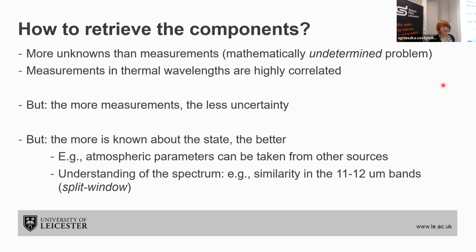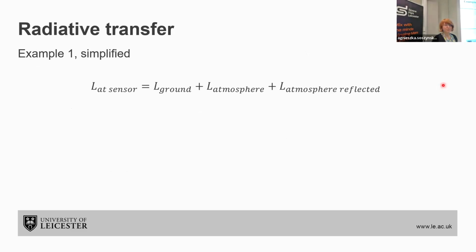For instance, there is a similarity between the measurements in bands of 11 and 12 microns, which are the basis of the so-called split window algorithms, which I'll let you know in a second. So the more we know how the spectrum looks like, what to expect, the better we can account for all these uncertainties. So now we understand the components a little bit better, we can go to the radiative transfer.